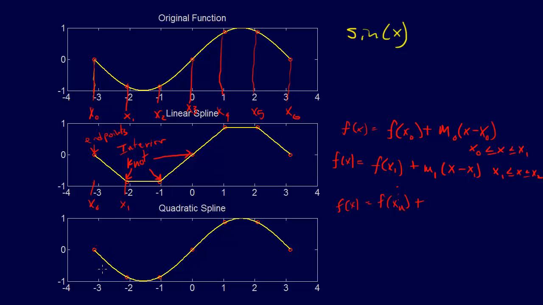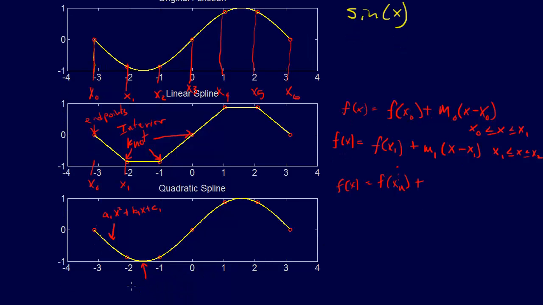So we'll have one line segment here, and we do the same thing that we did before. We're going to fit a function, but we're going to fit a quadratic function, and it's going to be a1x squared plus b1x plus c1, right, for here. And then for this one, we're going to call that a2x squared plus b2x plus c2, right?